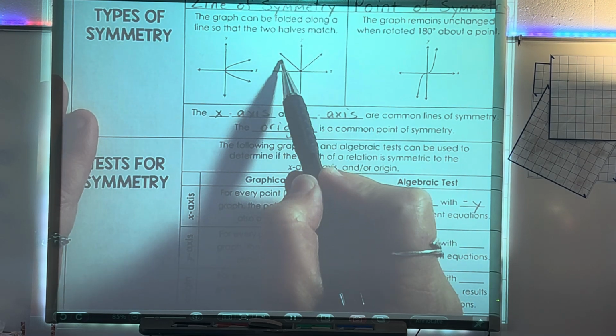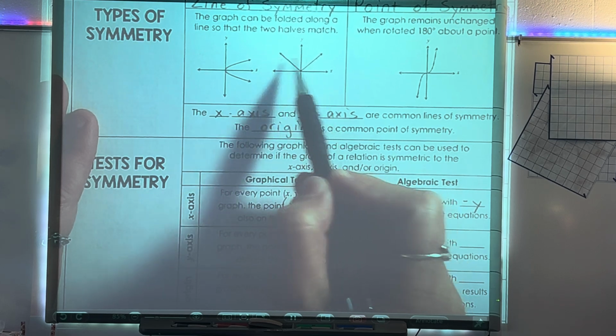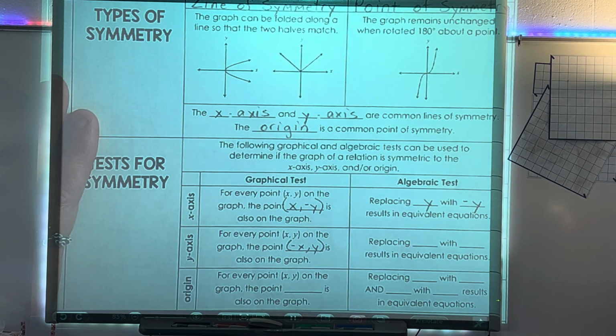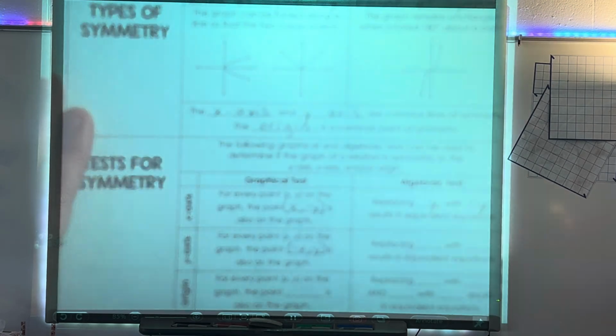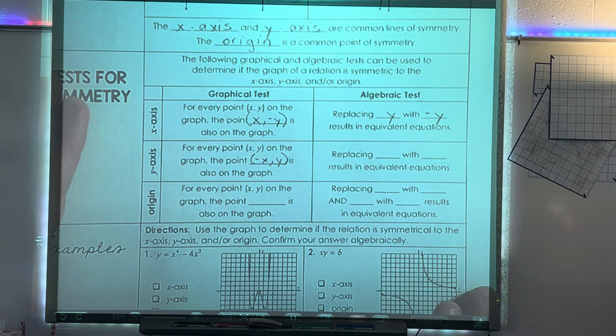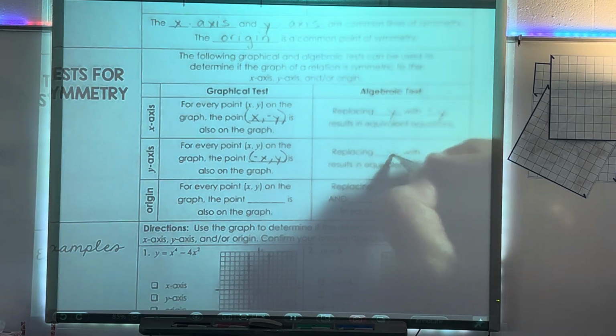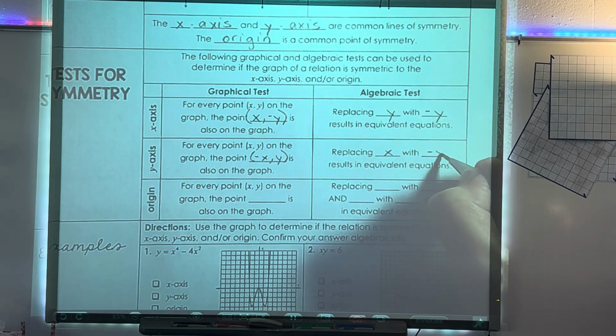The x is positive over here, negative over here, but it's the same distance from your axis line. Does that make sense? Again, I apologize guys, my head hurts really bad. All right, so by doing that, we basically swap out positive x for negative x.